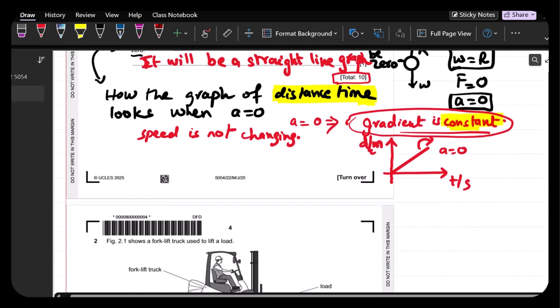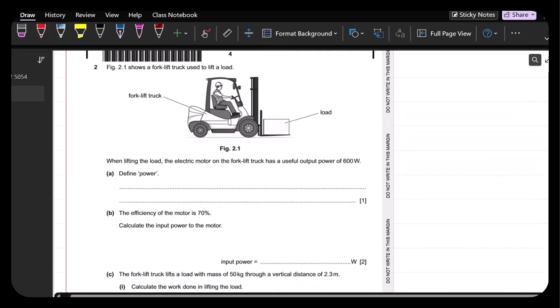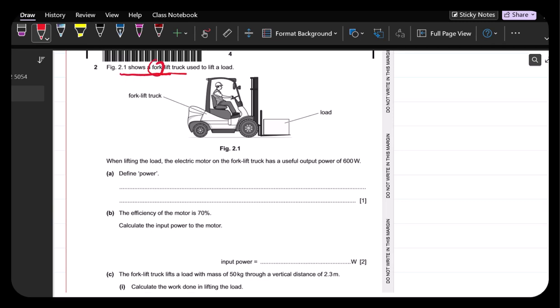So moving to question number 2. In question number 2, figure 2.1 shows a forklift truck. This forklift truck is used to lift a load. When lifting the load, the electric motor on the forklift truck has a useful output power, that is 600 watt.